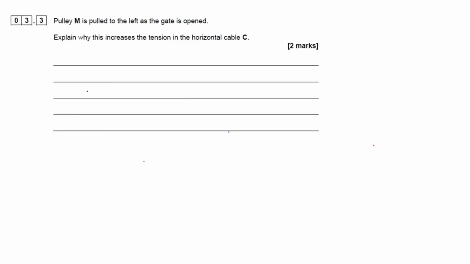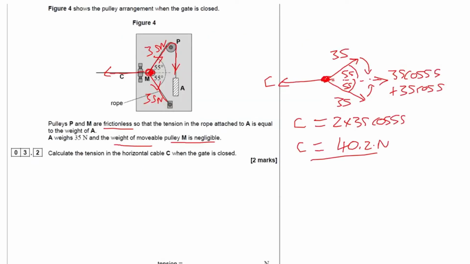Okay. For this part, we have to explain why there is an increase in tension to the horizontal cable C when the pulley M is pulled to the left as the gate is opened. So when you look back at the diagram, you have to just try and imagine what will happen if this gate is pulled forward and what it will do to the tension on these ropes, so the 35 newtons and the 35 newtons here.